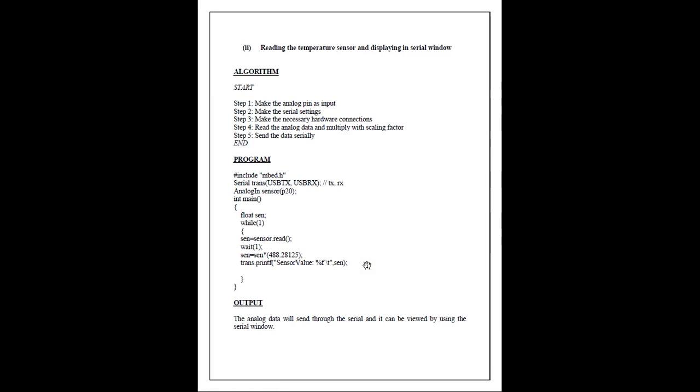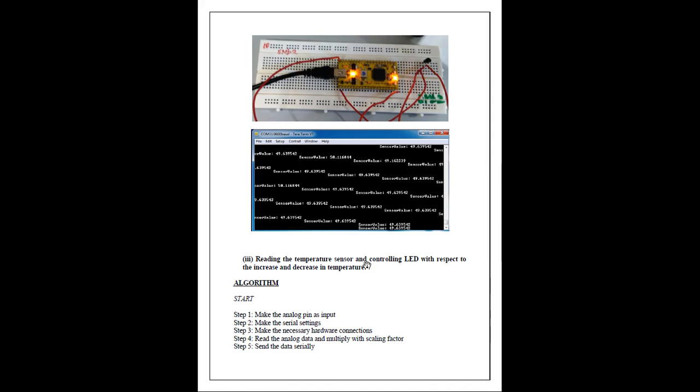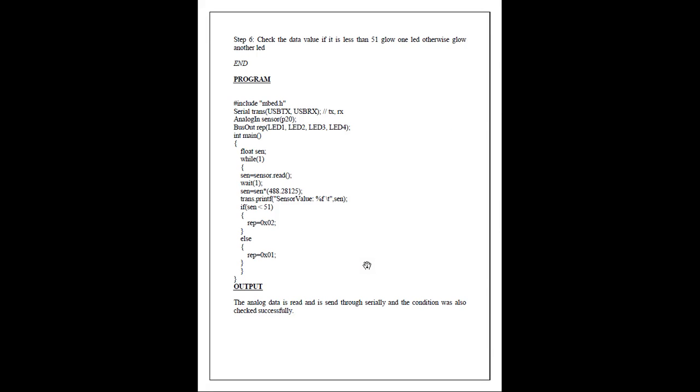In this program I am just reading the sensor value, but in the next program I am reading the sensor values, and according to that I am doing the LED toggling. If the sensor value is less than 51, I will toggle one LED. If not, I will toggle the next LED.